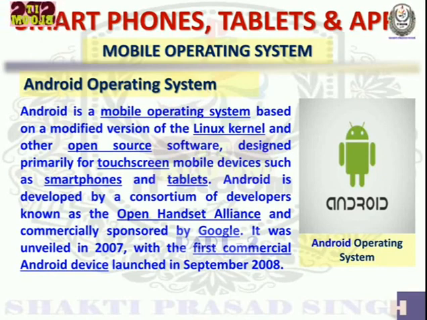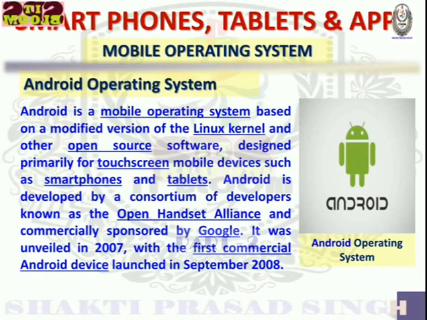Android is developed by a consortium of developers known as the Open Handset Alliance and commercially sponsored by Google. It is a Google manufactured OS, developed with the Open Handset Alliance for the development to run the smartphone OS.